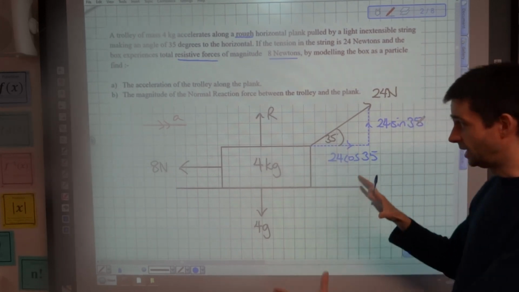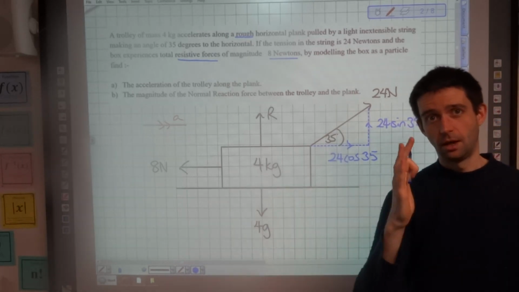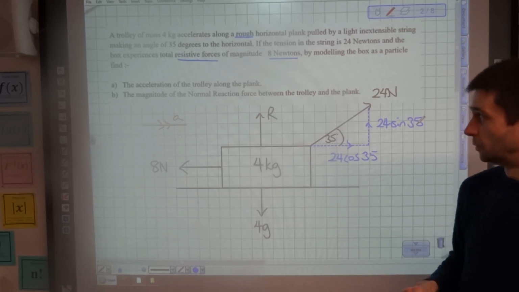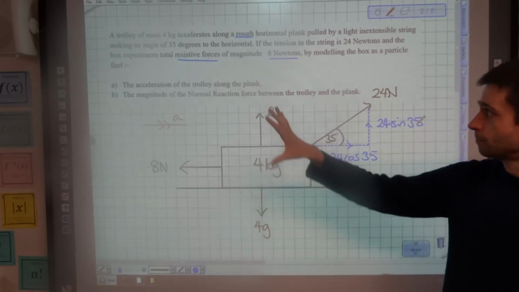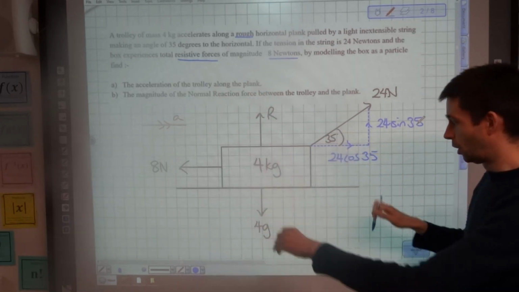Now I have forces and components all acting either horizontally or vertically, and I can resolve. For the acceleration of the trolley along the plank, I need to look horizontally.